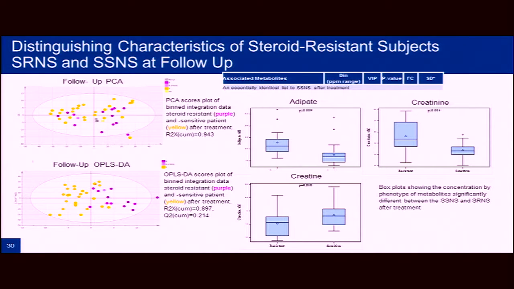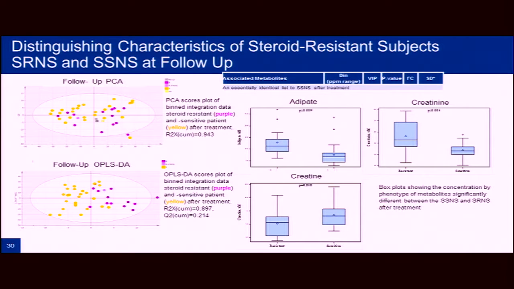And then if you go and look at the distinguishing characteristics of the resistant patients from the sensitive patients after follow-up, we see essentially the same list of metabolites as before. So treatment is working for the sensitive patients, and the difference is the treatment.